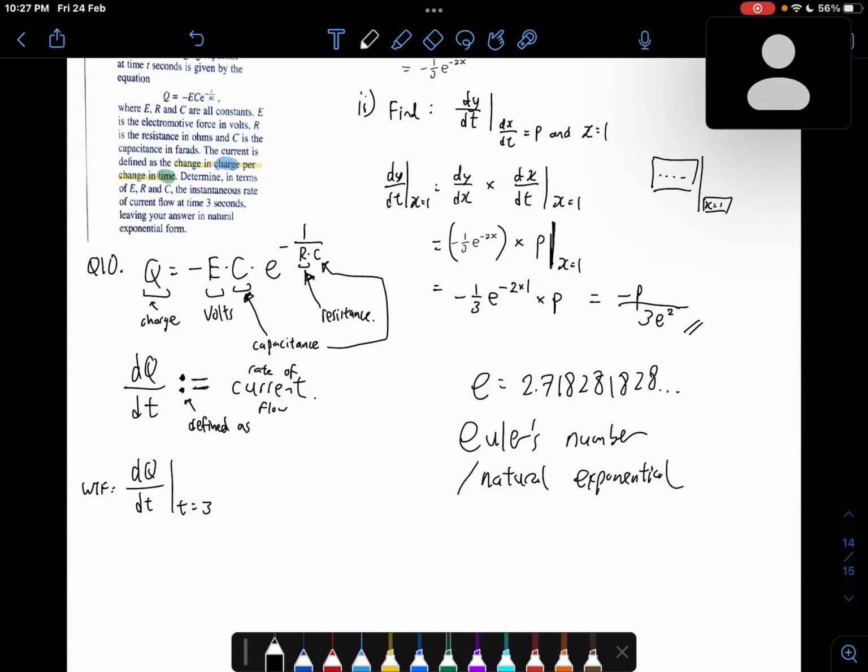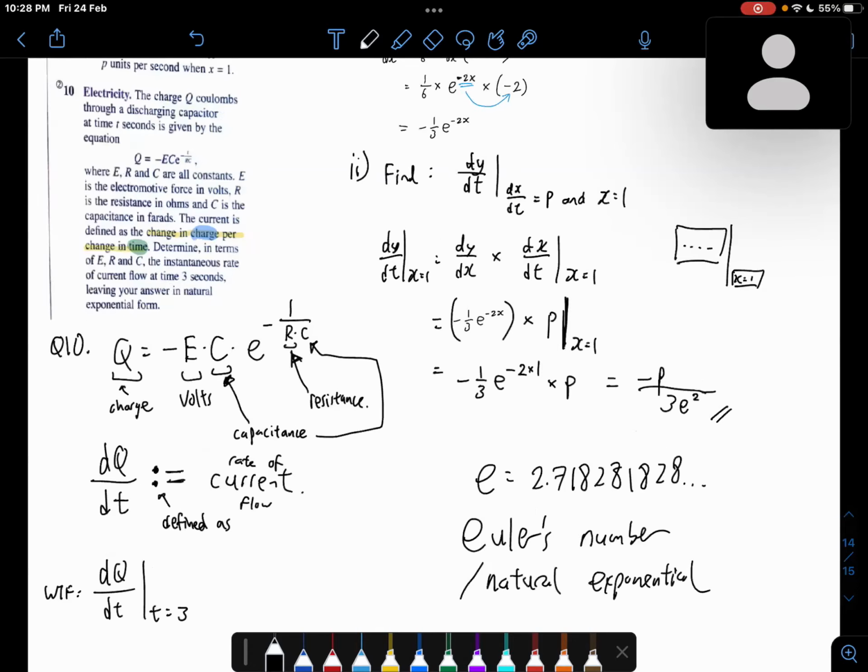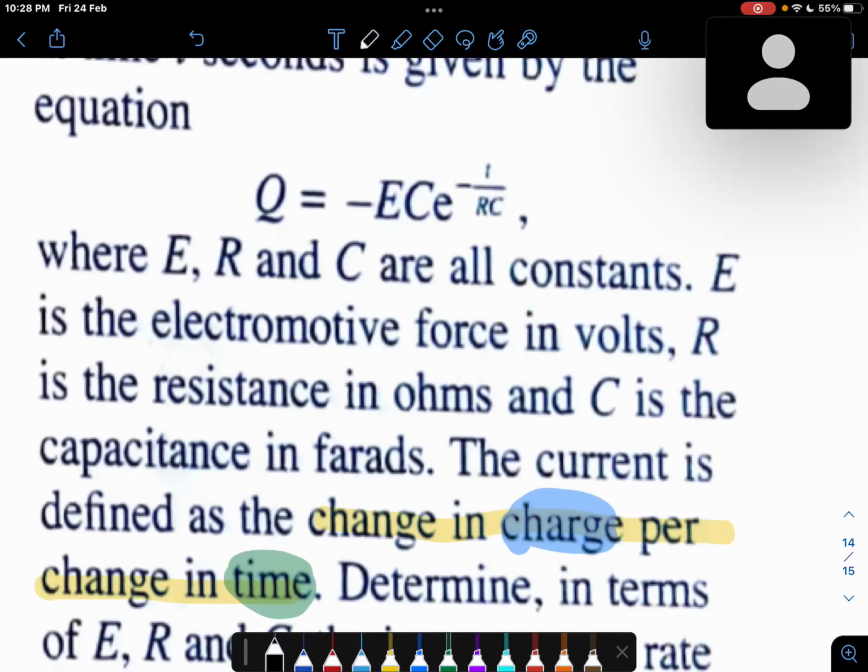Is it missing a T? Okay, I'm going to change the equation. Oh, there's a T. Sorry, I didn't see it clearly. The photo wasn't clear enough. I thought this was a 1. This is actually a T. Oh, right. That makes a lot more sense now.